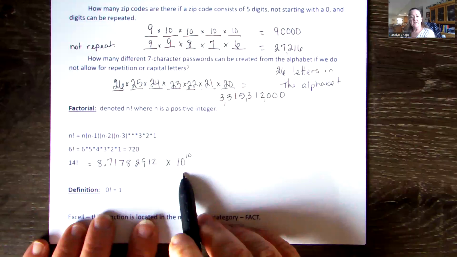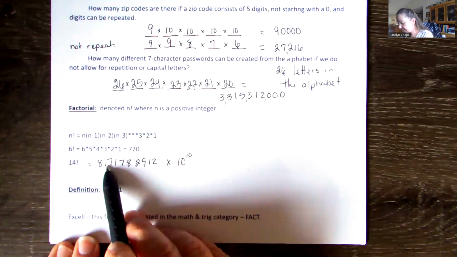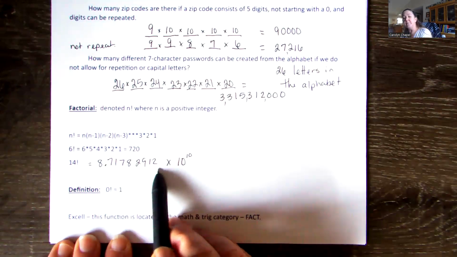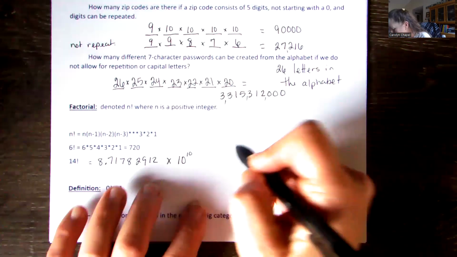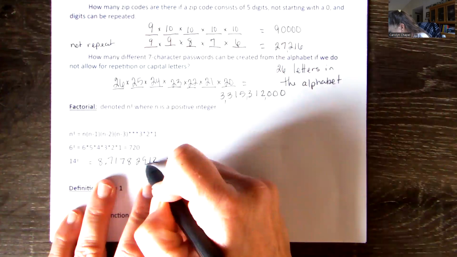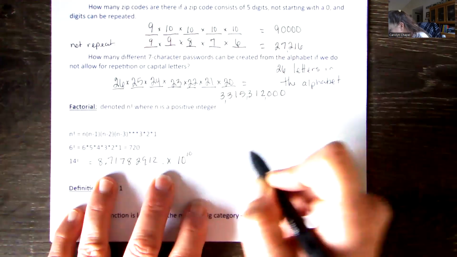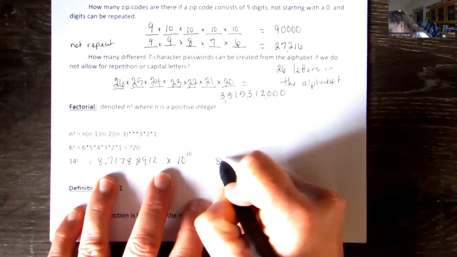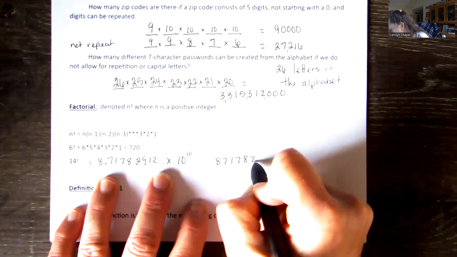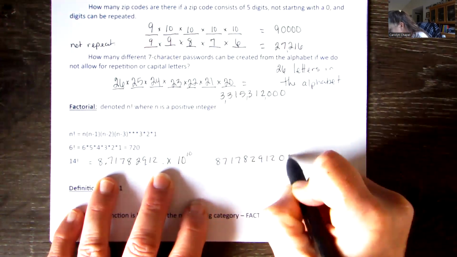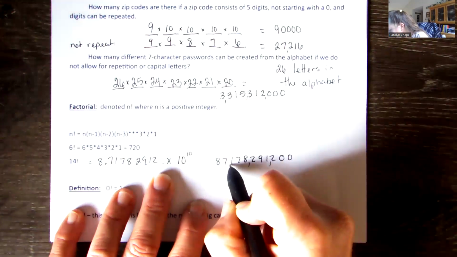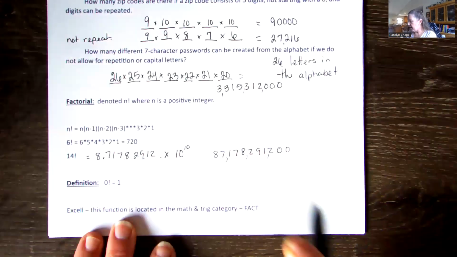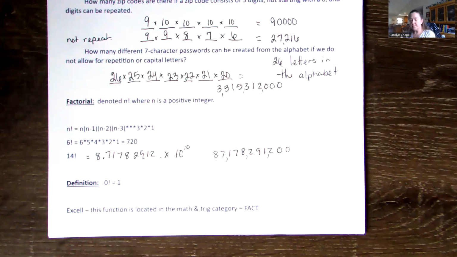Scientific notation tells us that we would actually move this decimal place 10 times that exponent over. So we'd have that 1, 2, 3, 4, 5, 6, 7, 8, 9, 10. I need to add 2 zeros, if I remember correctly. 3, 6, 9, 10. There we go. So that would be our actual value.